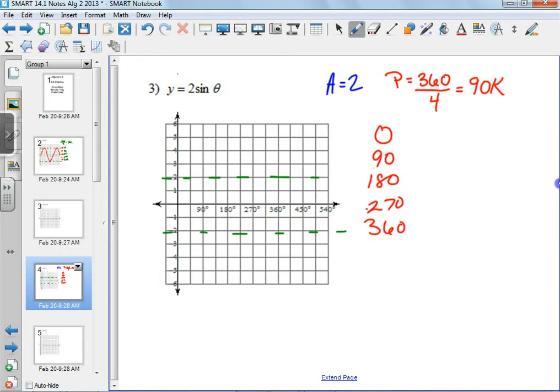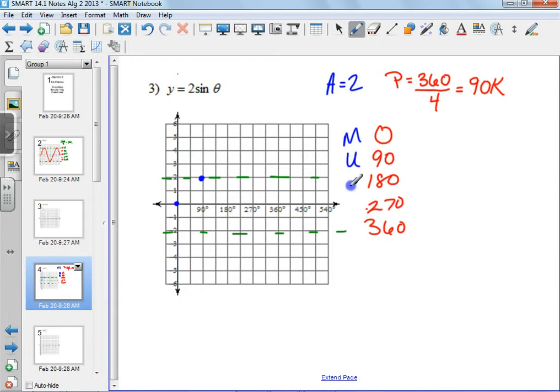Now you remember from the last example, sine, where did it start? The upper, the middle, or the lower? Started in the middle. So at 0, my first point I'm going to plot is the middle. And then the next time I plot a point, is it going to be upper or lower? Upper. That's the pattern of sine. It goes middle, upper.